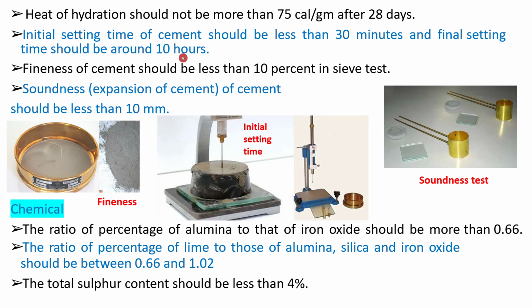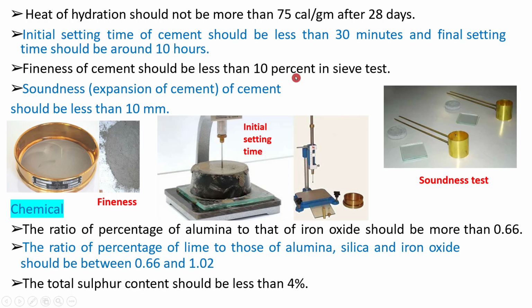The fineness of the cement should be less than 10 percentage in the sieve test. The fineness test is done in this mould. So this is cement, and we will pass the cement through this sieve, and if 90 percentage of the cement passes through the sieve, then it's fine.